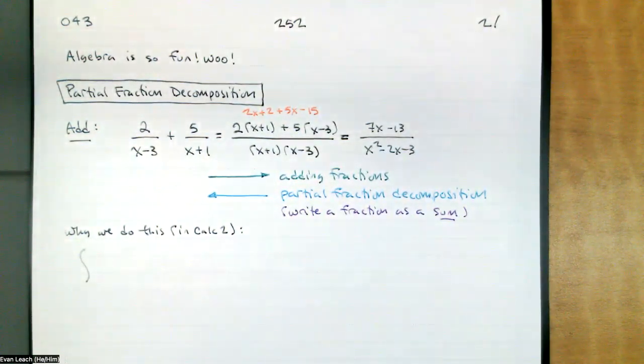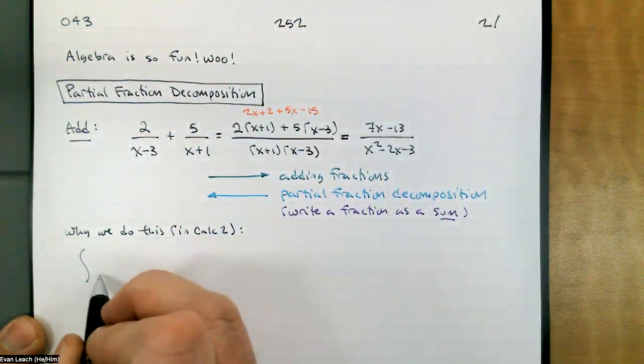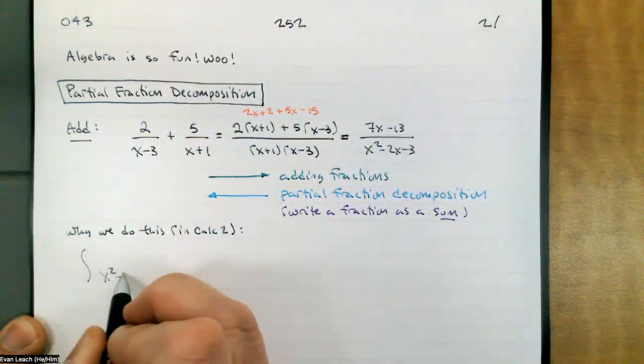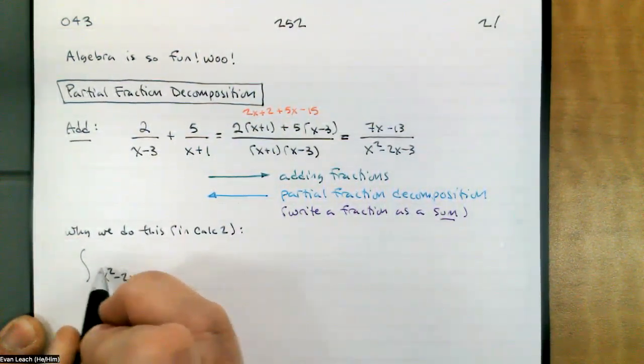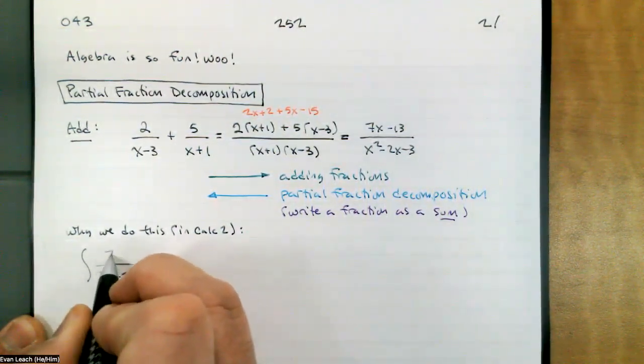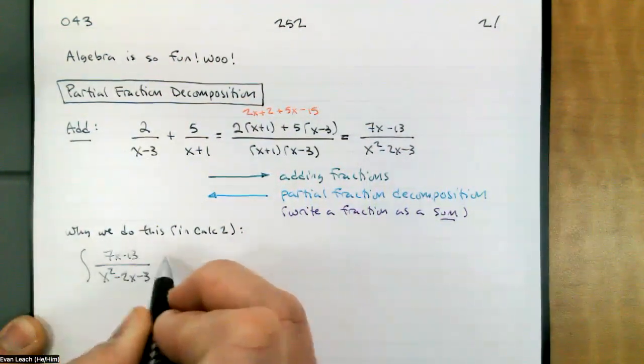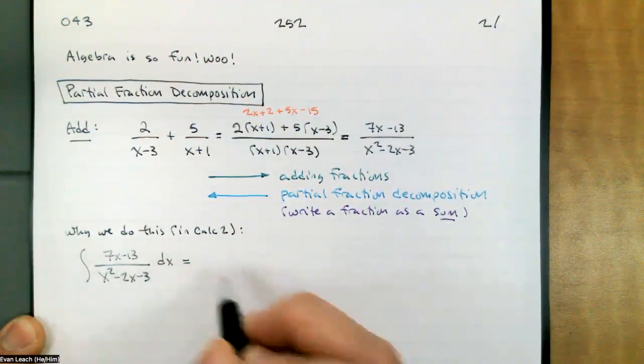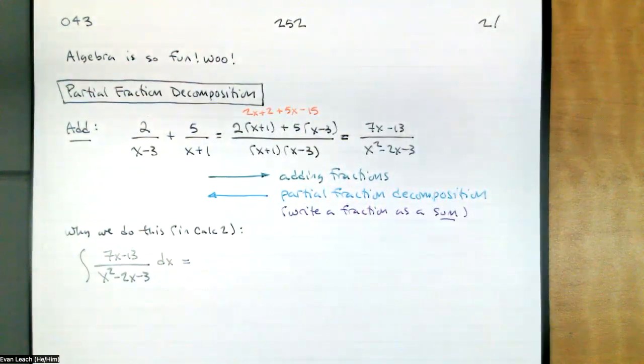From a Calc 2 perspective, the reason that we would want to do this is that we would be trying to integrate some rational function, 7x minus 13 over x squared minus 2x minus 3. We would realize that the denominator is quadratic with real zeros.